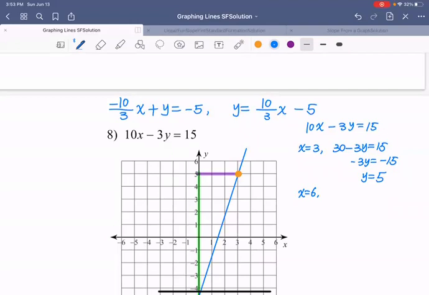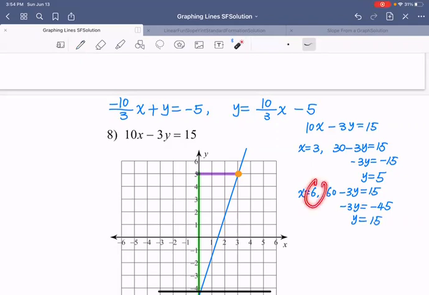So 30 times 6 minus 3y equals 15. Next, you would subtract 60 from 15, then divide by -3.